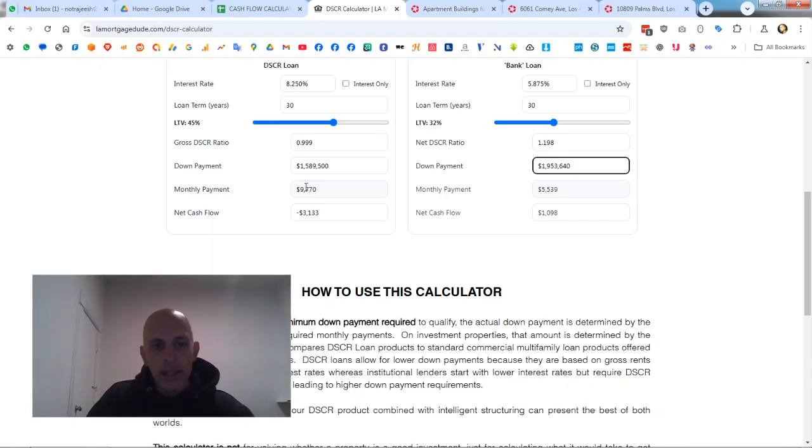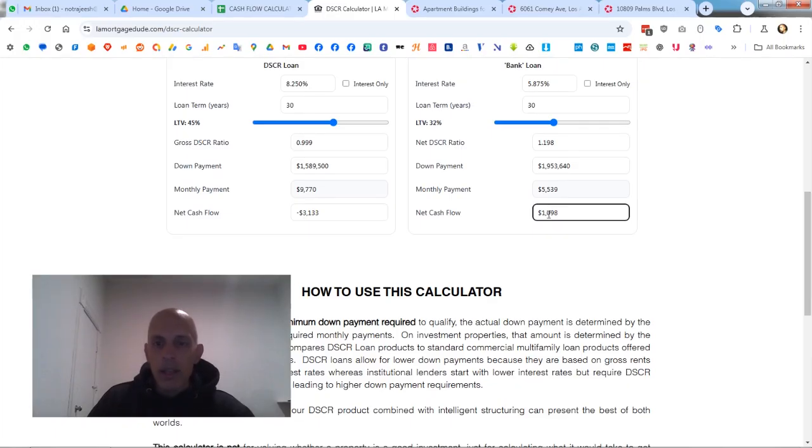What you're going to see is that the monthly payments will be higher because the loan amount is bigger versus lower monthly payments here where the loan amount is lower. And as a result of that, because your monthly payments are higher, you're actually losing money every single month in terms of cash flow after you account for the operating expenses.